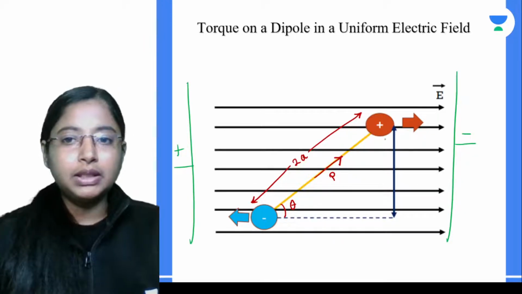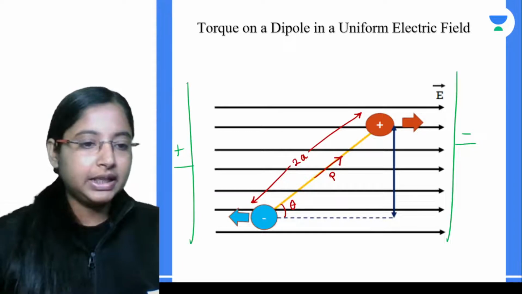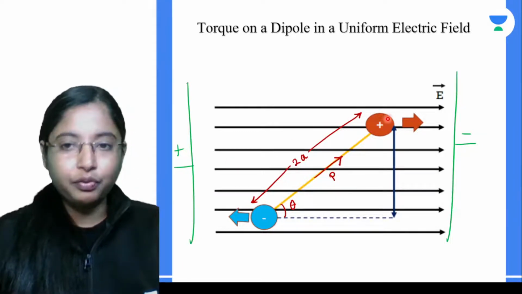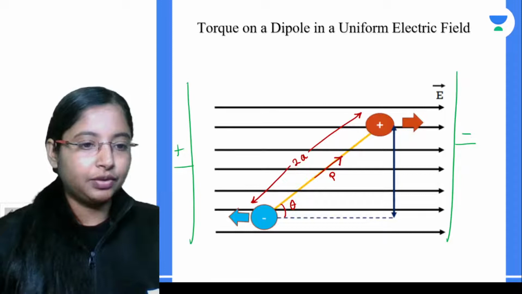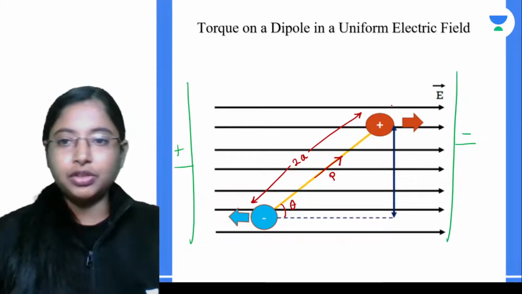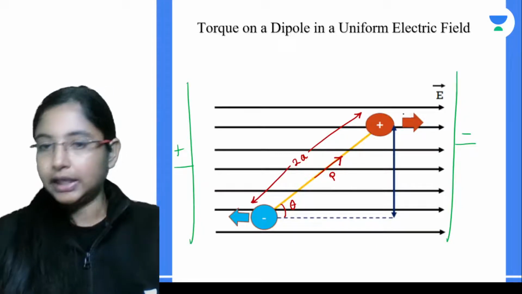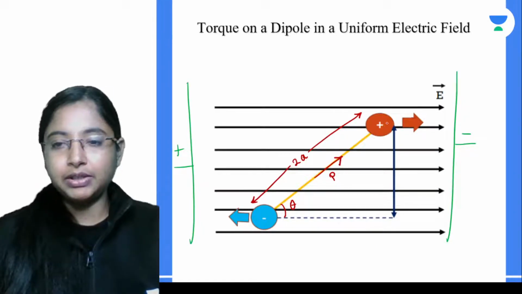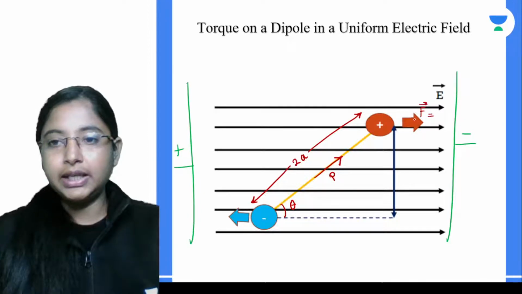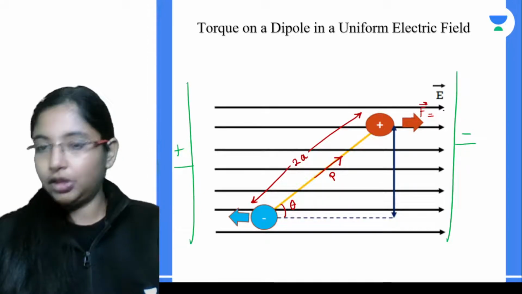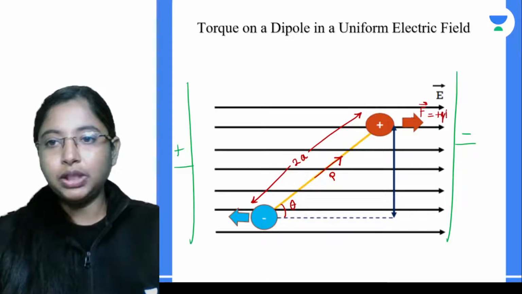Very simple: a force is exerted on this charge, attracting it towards the negative plate. So this is a positive charge, let's say plus q, and the force exerted is equal to q into E, positive charge times E.